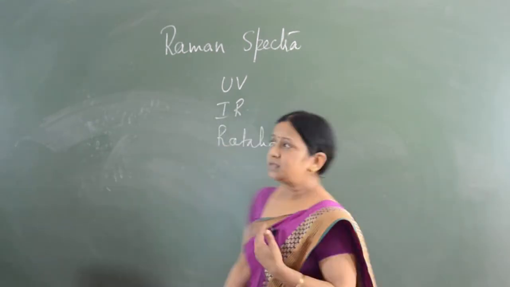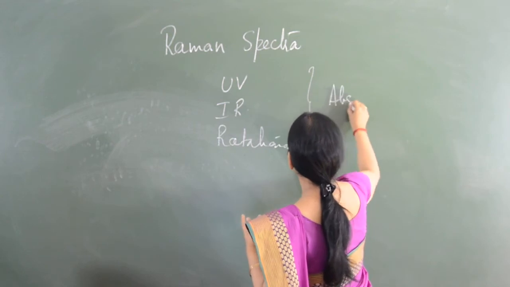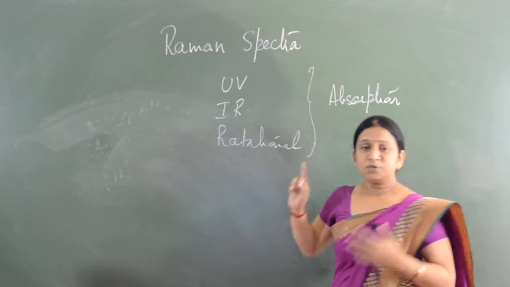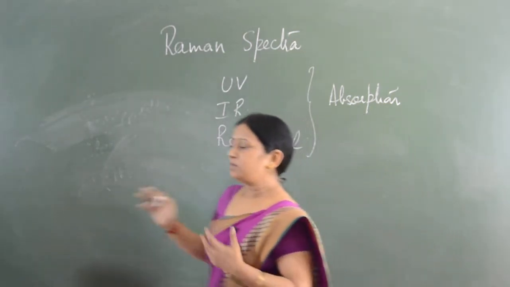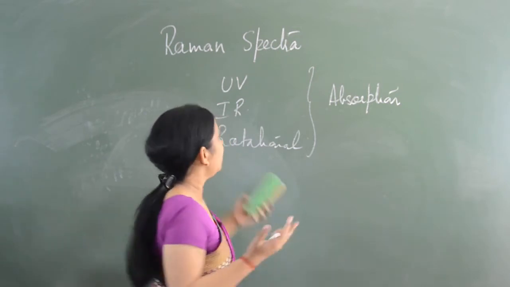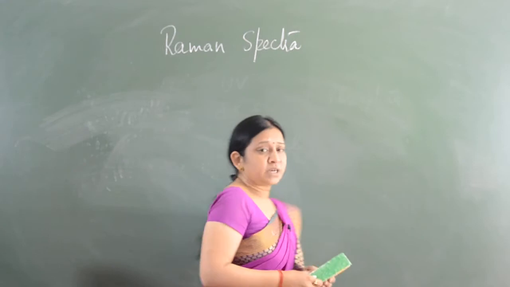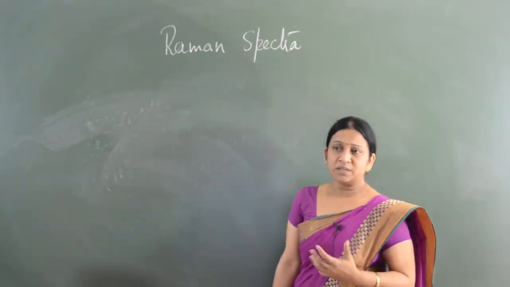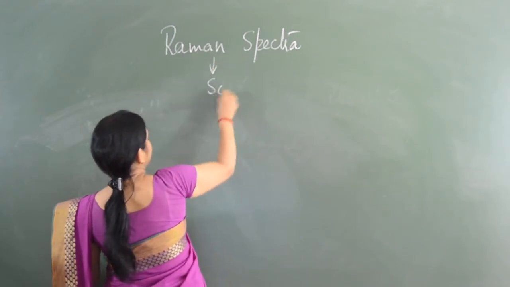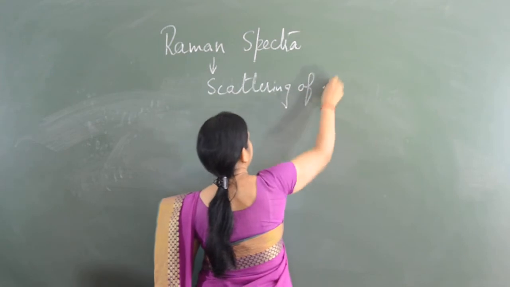So, in all the three spectra we were dealing with absorption of radiation. But in case of Raman, we are not going to deal with absorption of radiation, we are going to deal with scattering of light or scattering of radiation. So, Raman spectra basically deals with scattering of light.